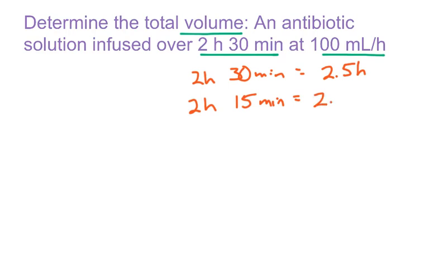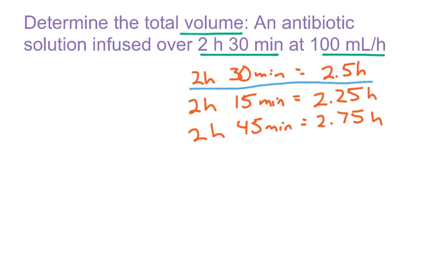So 2 hours and 15 minutes is 2.25, 2 hours and a quarter. And then the other one that's helpful to memorize is 45 minutes, which would be 2.75 hours. Now for our problem, we're only working with 2 hours and 30 minutes as 2.5 hours. I just wanted to go over these.